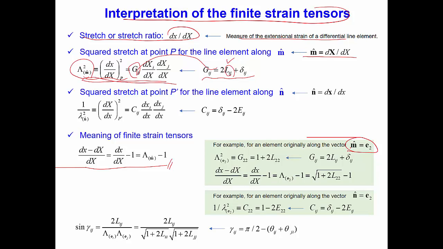Applying these conditions, this equation shrinks to this equation, where only the tensor component L22 remains. From this relation, we can imagine the geometric meaning of the tensor component L22. Of course, L22 has direct influence on the stretch in the x2 direction.